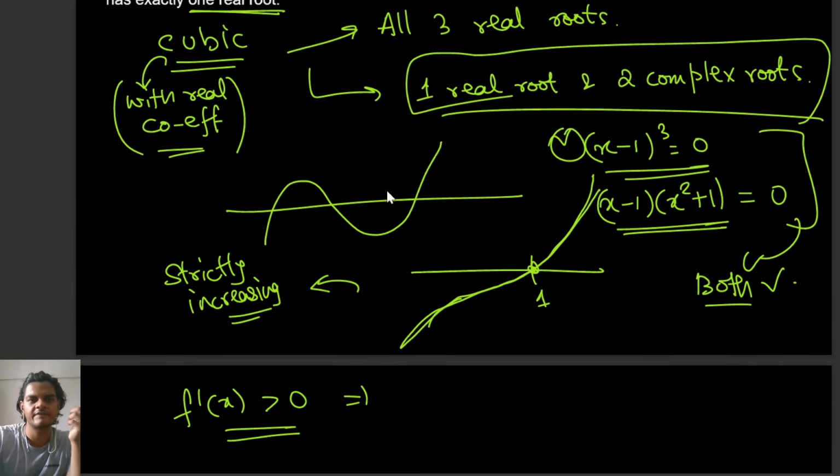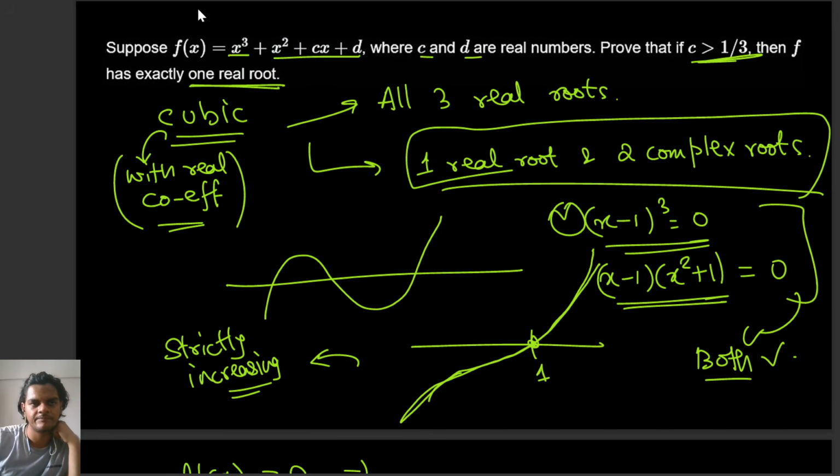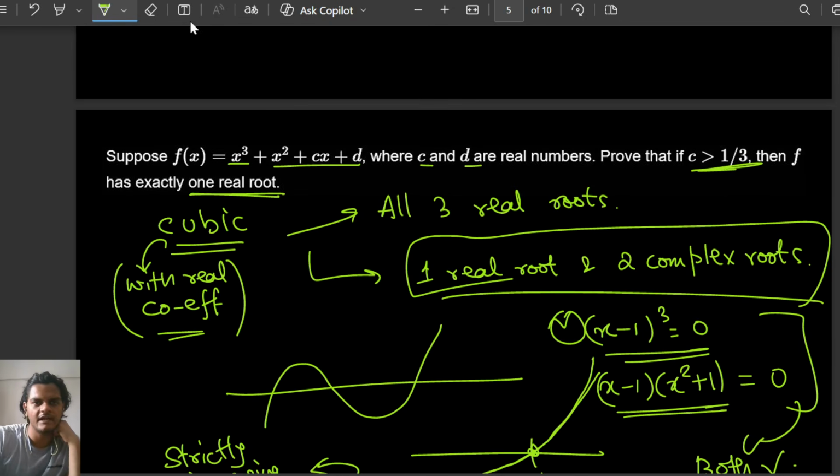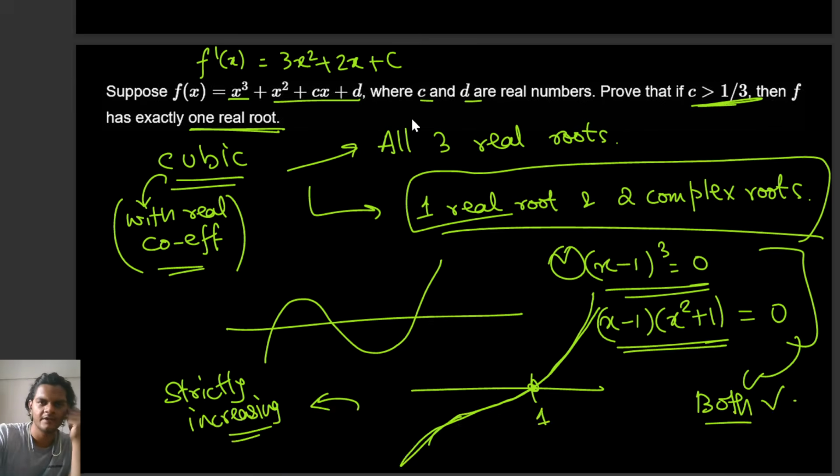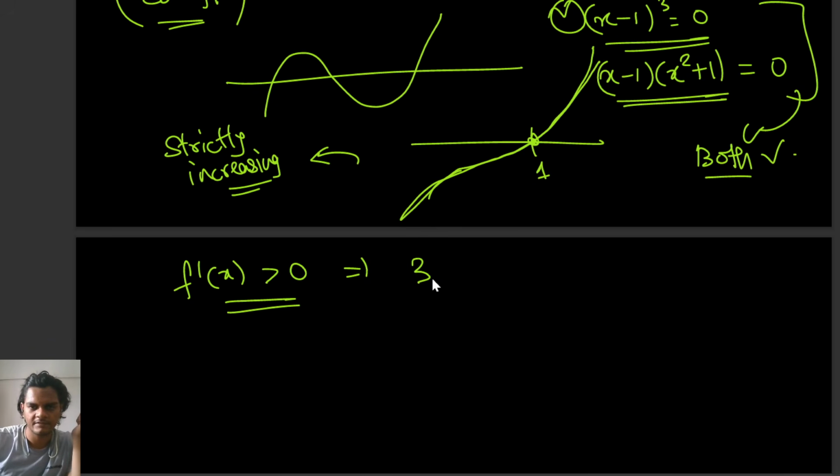Here, what is f dash of x? F dash of x would be 3x square plus 2x plus c. That would be 3x square plus 2x plus c greater than 0.